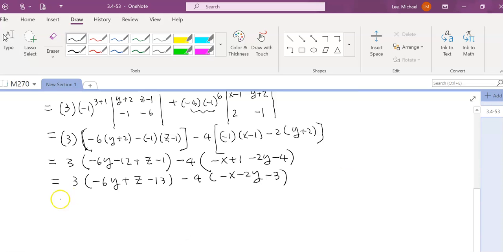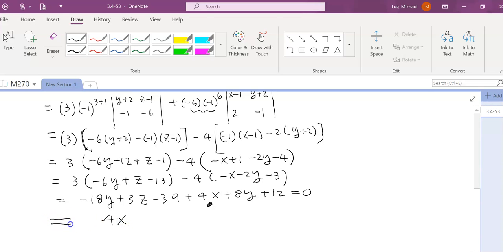So this is negative 18y plus 3z minus 39 plus 4x plus 8y plus 12 equal to 0. So now let's combine. There's a 4x. This means 4x, and then there's negative 18y and 8y, so minus 10y.